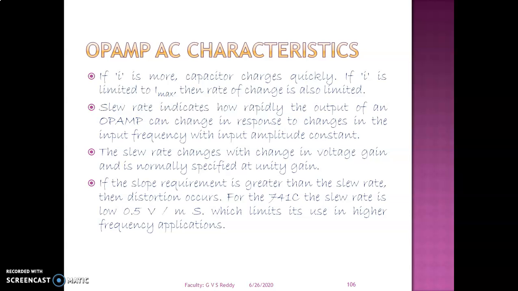The slew rate changes with a change in voltage gain and is normally specified at unity gain. If the slope requirement is greater than the slew rate, then distortion occurs. For the 741 IC, the slew rate is very low, 0.5 volts per microsecond, which limits its use in higher frequency applications. Thank you.